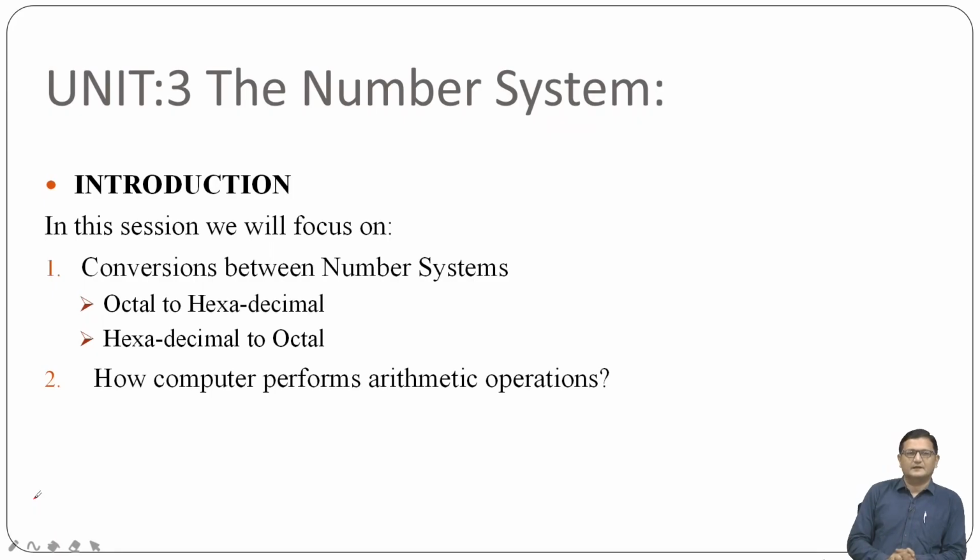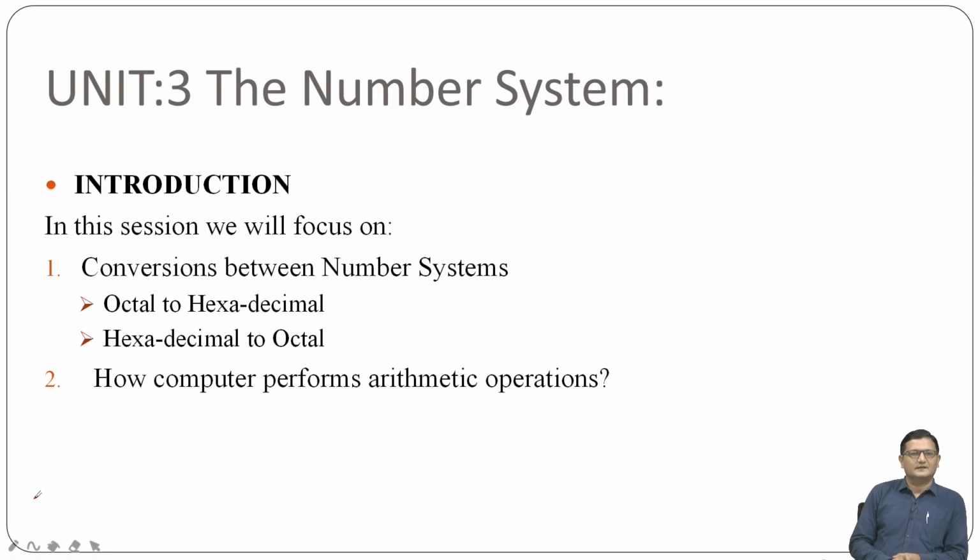I think in the last session we have seen what different types of numbering systems there are, right? So we know that there are 4 numbering systems. One which machine can understand is known as the binary numbering system. One more number system is there in which we are using 8 symbols, that is called the octal numbering system, right?